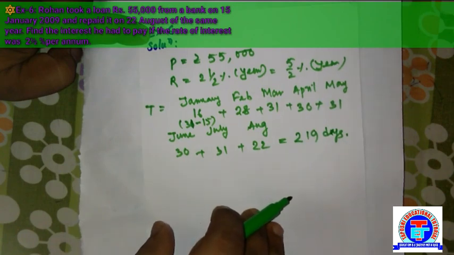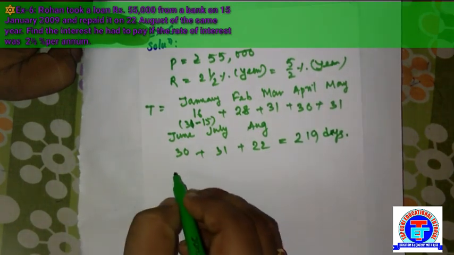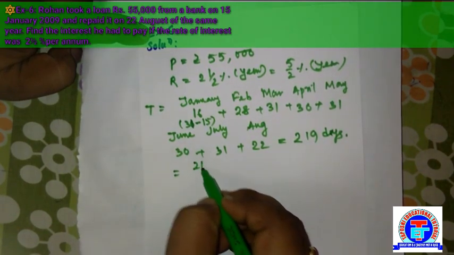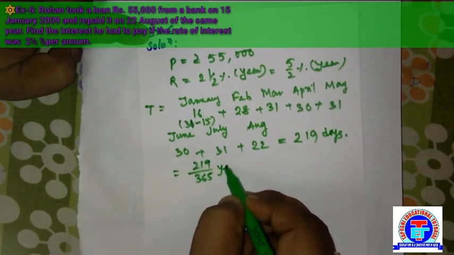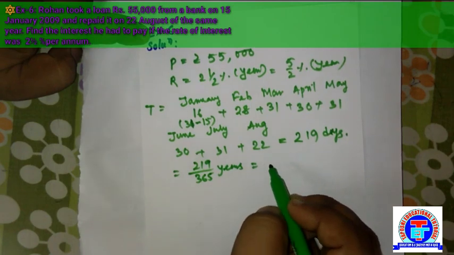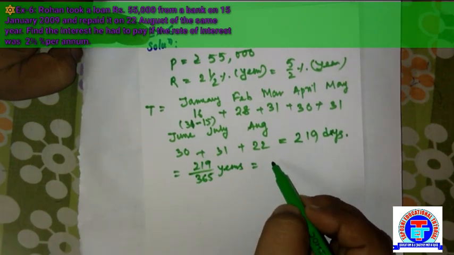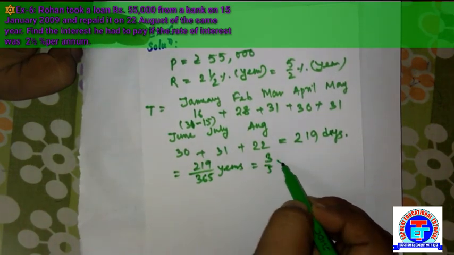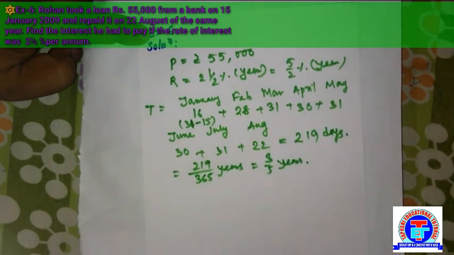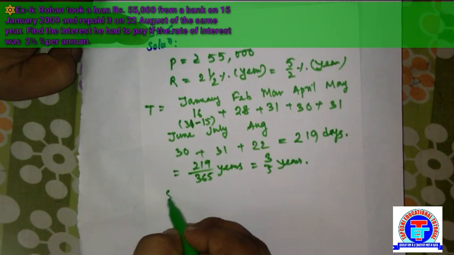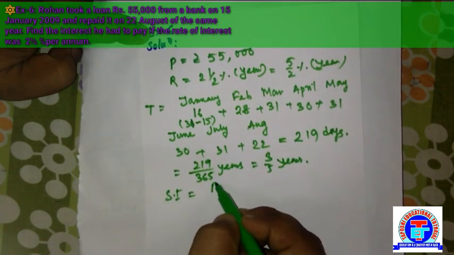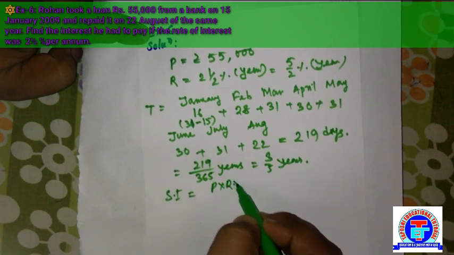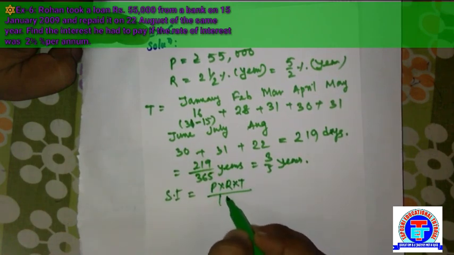Now convert it into years, right? That means we write here 219 by 365 years. That means it will come 3/5 years, right? Now simple interest SI, as you know, is P into R into T by 100.